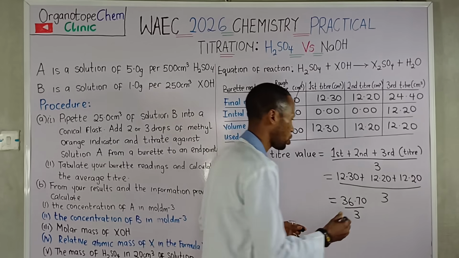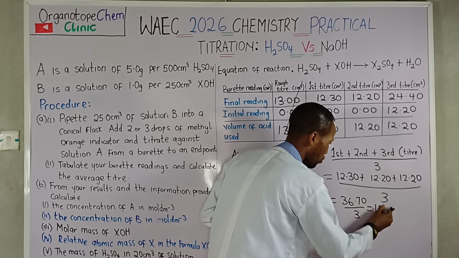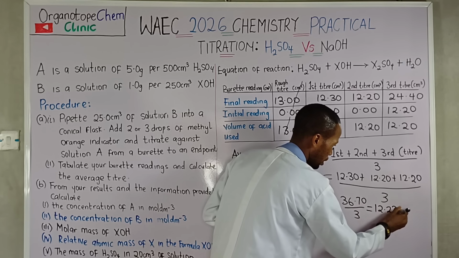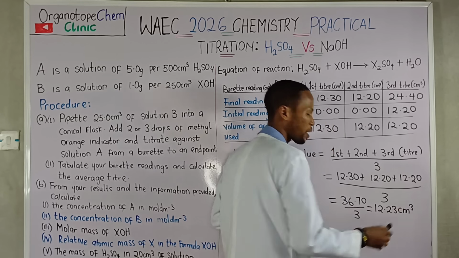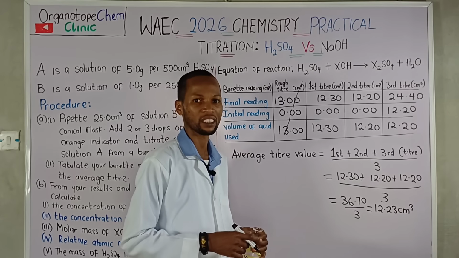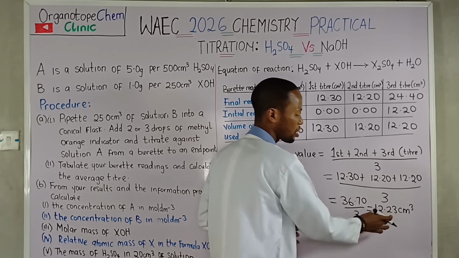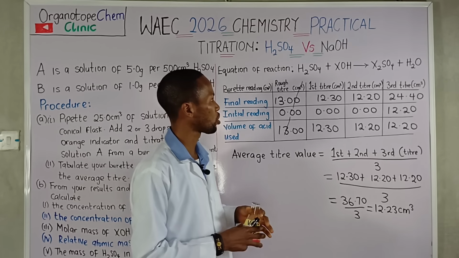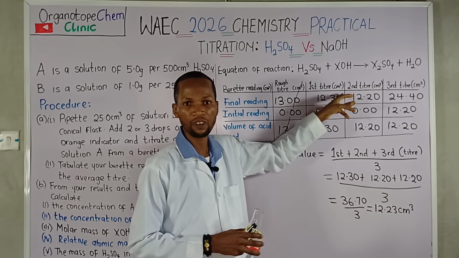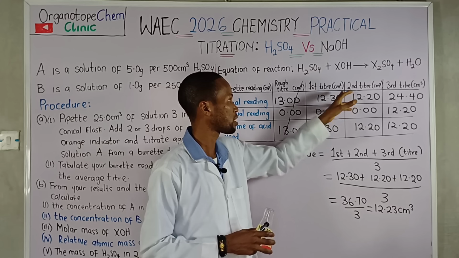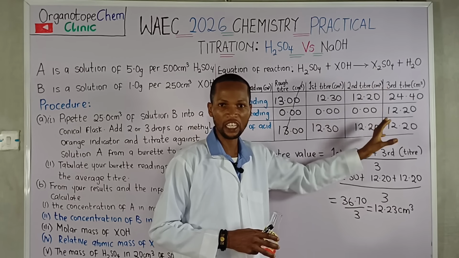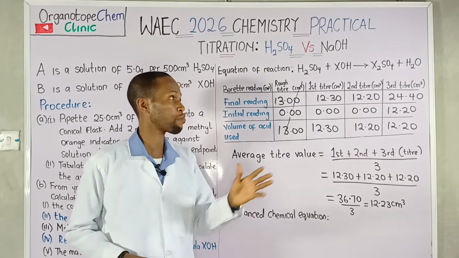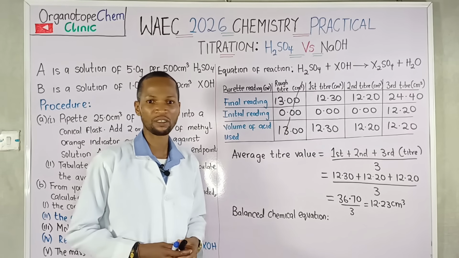When you press your calculator, you get approximately 12.23 cm³. We expect to record to 2 decimal places, and the correct unit for the average volume of acid used is cm³. So while tabulating, do not omit the unit of the volume of acid used, which is cm³, in each column.